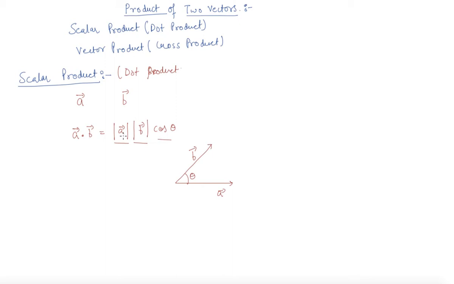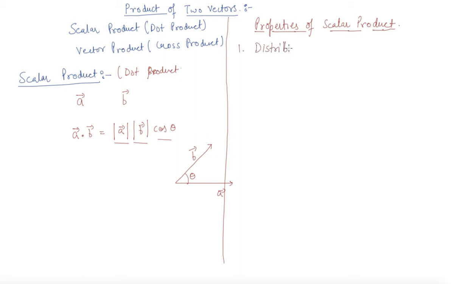Now there are some properties based on the scalar product, so I am writing down here properties of scalar product. The first property is the distributive property.